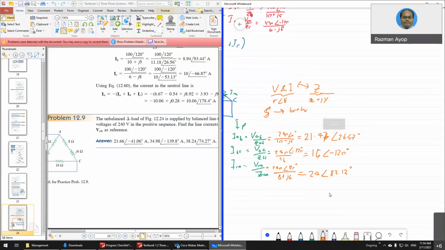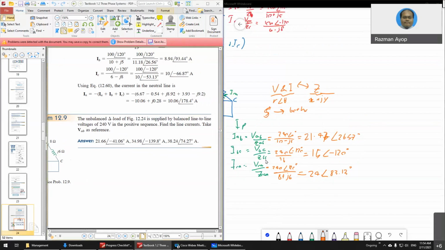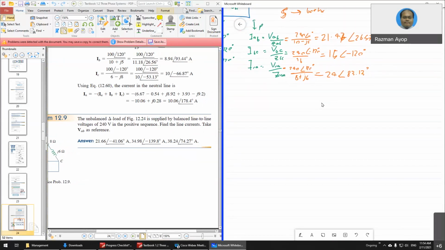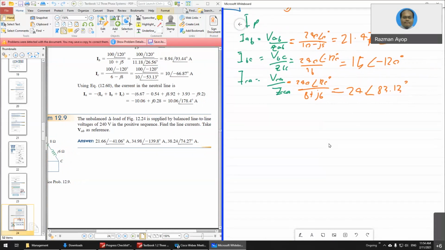Now the question asks you to find the line current, not the phase current. You already have the phase current.